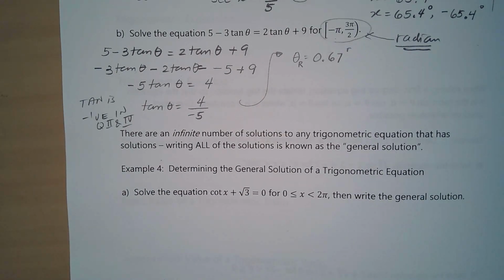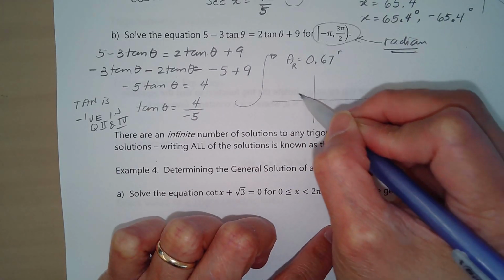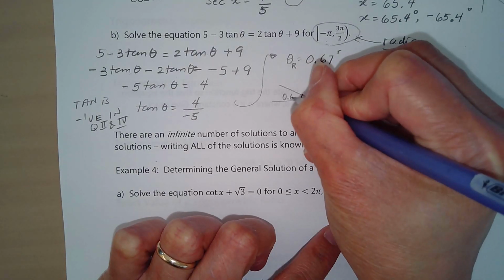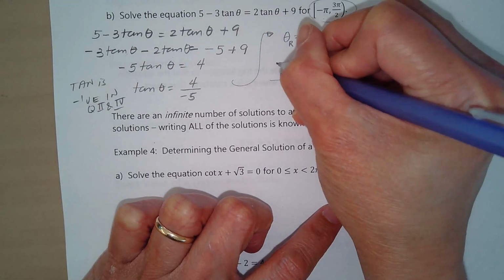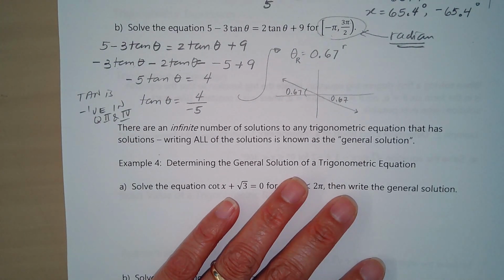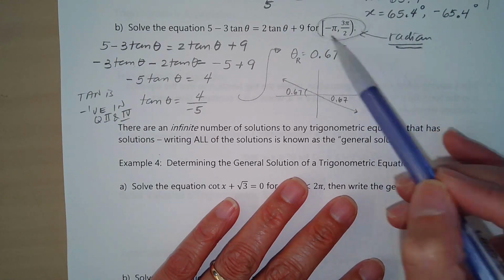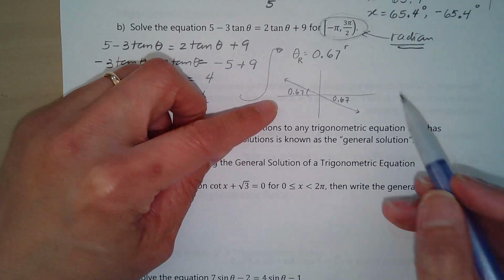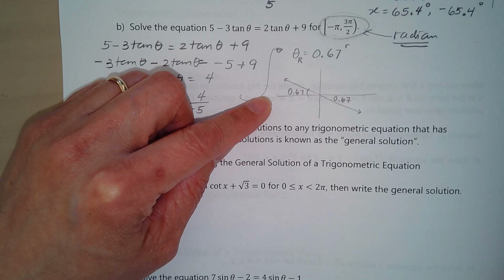So what's our theta then? Okay, let's go back and redraw that. Our reference angle is 0.67. Okay, next. Now I've got to make sure that I'm within this domain here from negative pi to 3 pi halves.